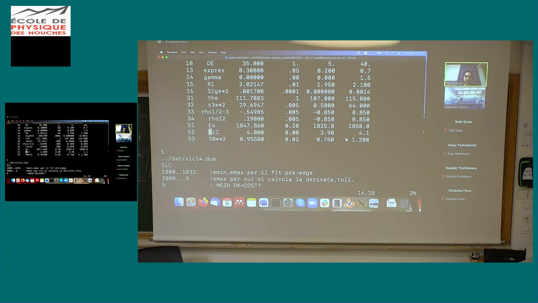It's coordination number, and it's 4. In this case again, we know it's a small molecule with 5 atoms, so we don't need to fit the coordination number because we know it. So in this case, we put 4, and here in the interval for searching, we put 0. What this means is that this parameter is not fitted, it is kept fixed.